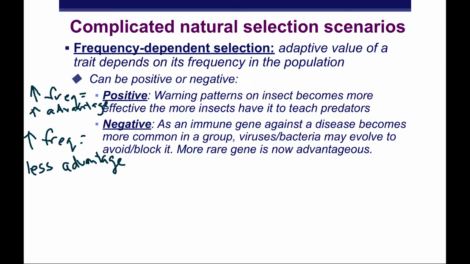The virus or bacteria are going to evolve to take on the traits that will allow them to attack the majority of the organisms that they're going to attack. So the more common a trait is, the more likely the virus or bacteria will attack it, or will learn to avoid and better survive it.